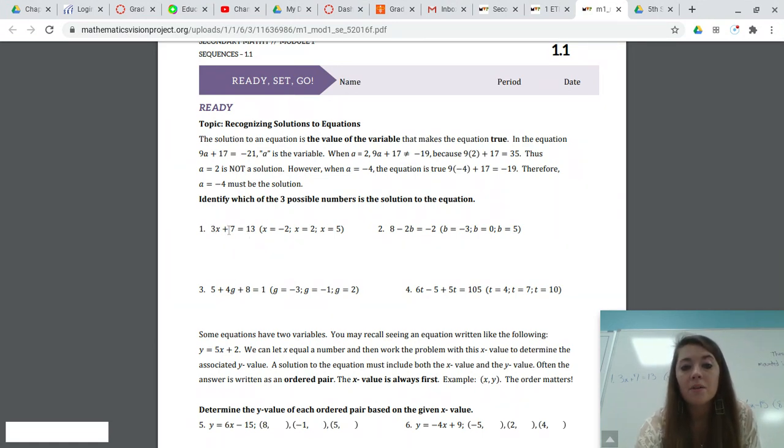That 3x plus 7 has to equal that 13. The 8 minus 2b has to equal negative 2. So each side has to equal the other. So what we're going to be doing is identifying which of the three possible numbers is the solution to the equation. We're going to plug in each of these values into the equation to see which one gives us a true statement.